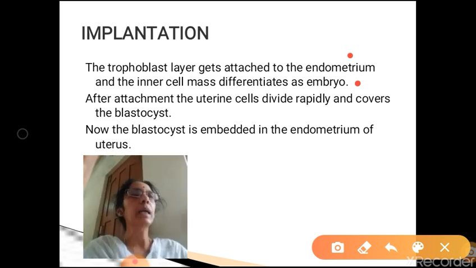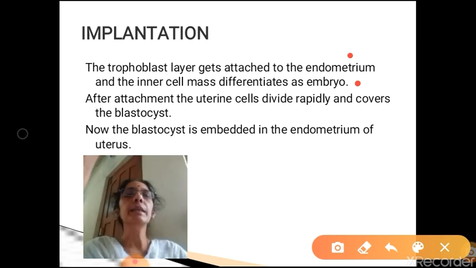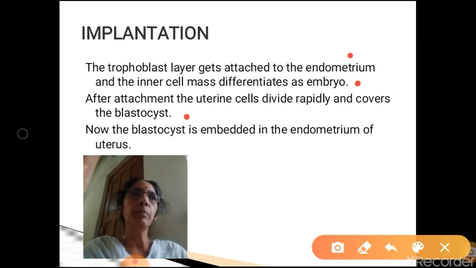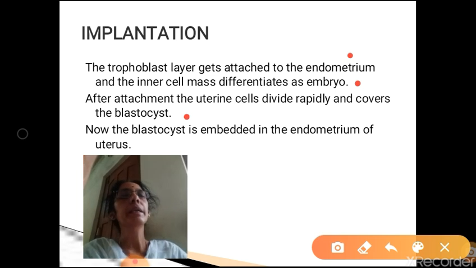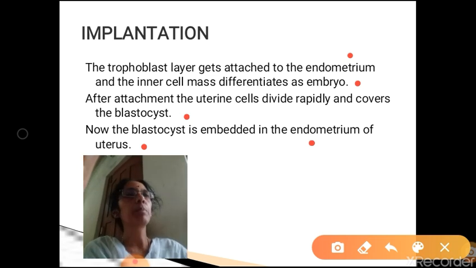So after the attachment of the blastocyst with the endometrium, the uterine cells will undergo rapid division and then cover the blastocyst. Now the blastocyst is totally embedded in the endometrium of the uterus. This process is called implantation.